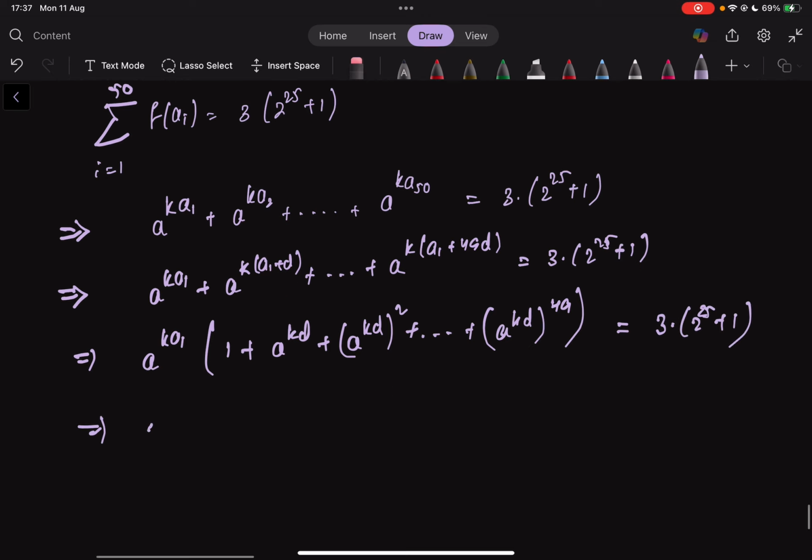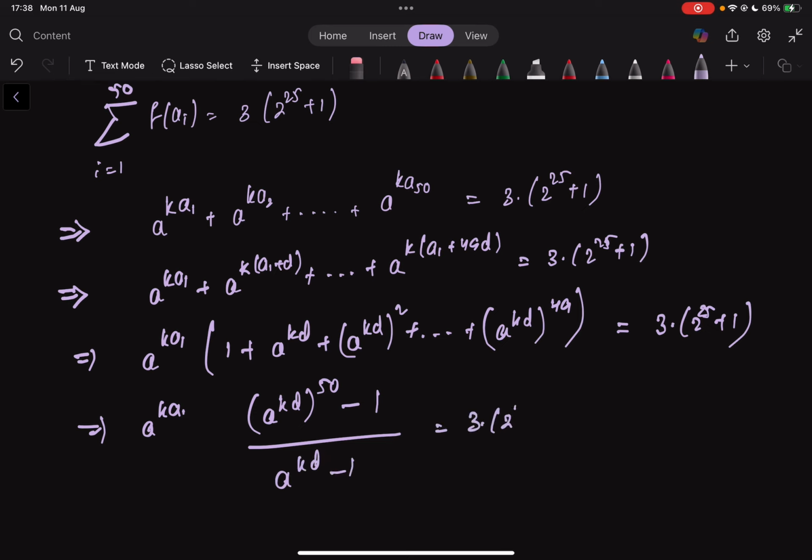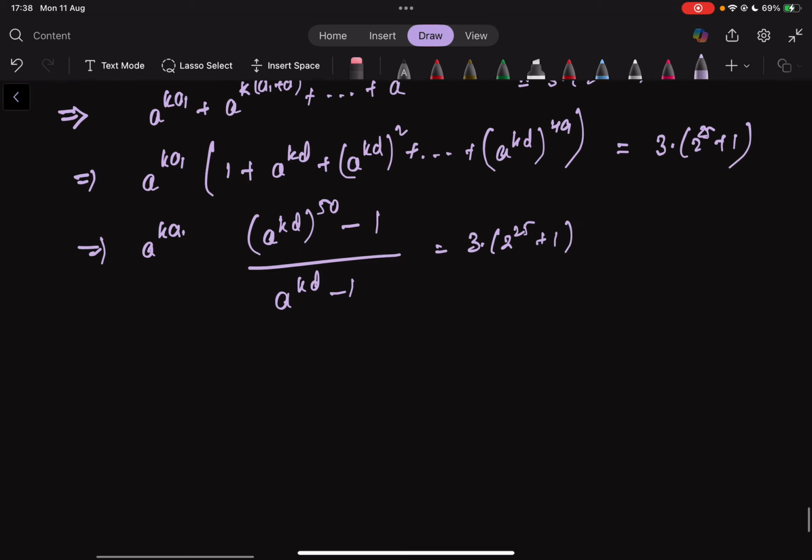So that means a to the power k a1 into the second term, which is in geometric progression with first term as 1. The number of terms is 50. So the sum of the geometric terms is a to the power kd whole to the power 50 minus 1 by a to the power kd minus 1, and this equals 3 into 2 to the power 25 plus 1.